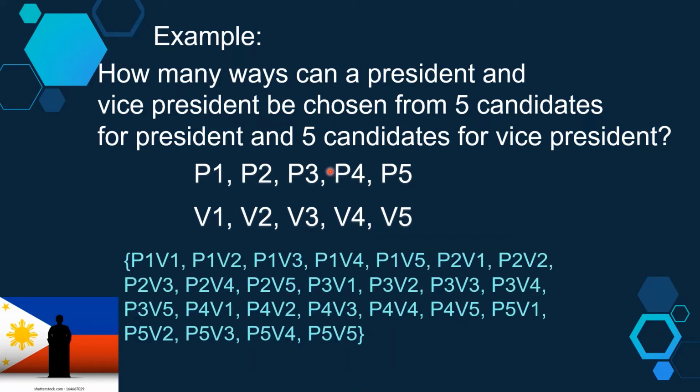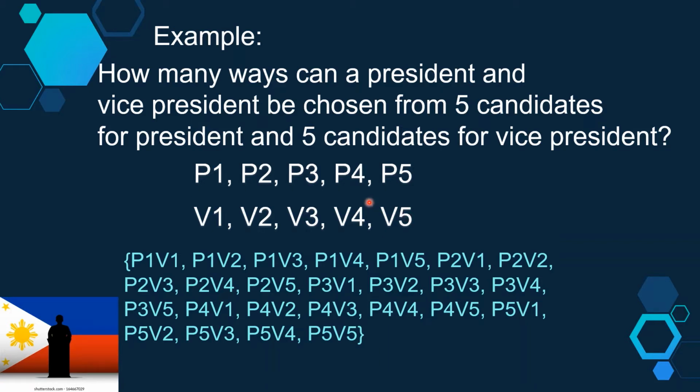Now, we have here P1V1, P1V2, P1V3, P1V4, P1V5. Or it could be P2V1, P2V2, P2V3, P2V4, P2V5. And it could also be P3V1, P3V2, P3V3, P3V4, and P3V5.